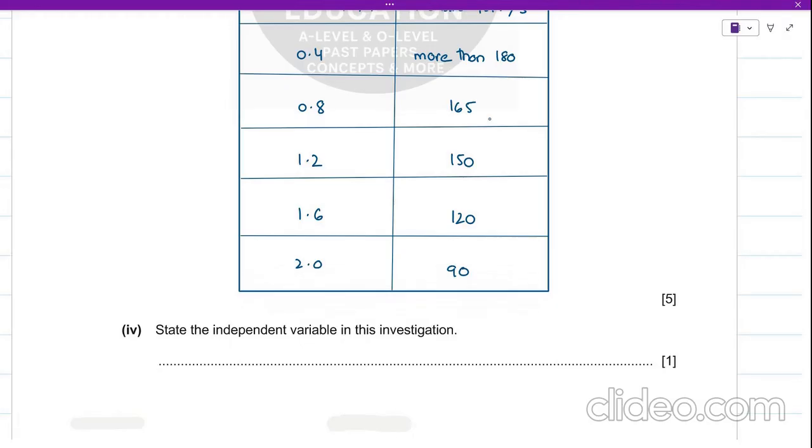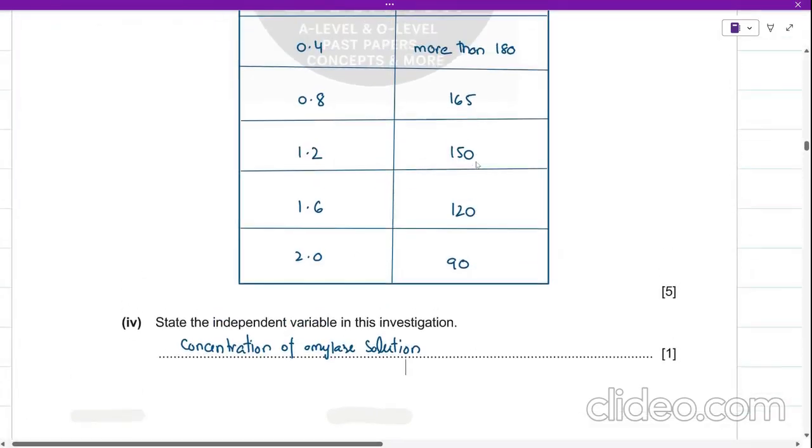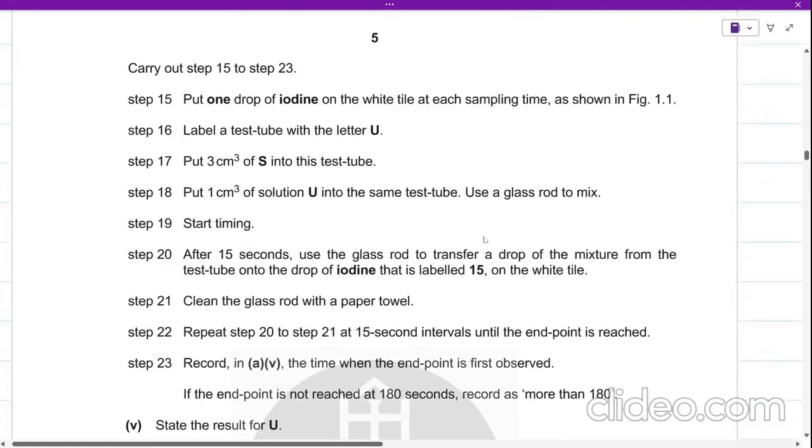So it will be the concentration of amylase solution, as we are changing it. And what will be the dependent variable? The dependent variable is the one that depends on the independent variable. So what is the concentration of the amylase solution affecting in this case? It is affecting the color change. So that will be the dependent variable.